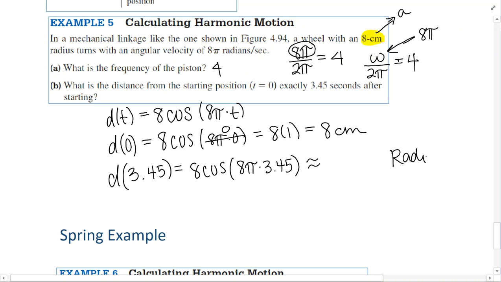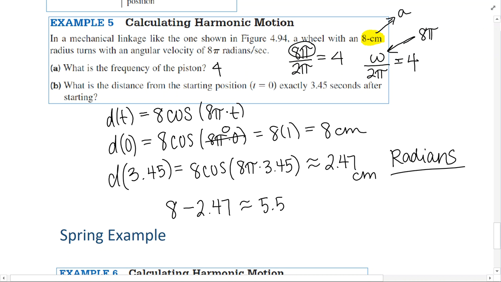We are in radians now. We get 2.47 centimeters. So finally, to answer the question, we want to know the distance from the starting position after 3.45 seconds. We're going to just subtract: 8 minus 2.47. It's about 5.53 centimeters, and that is your answer.